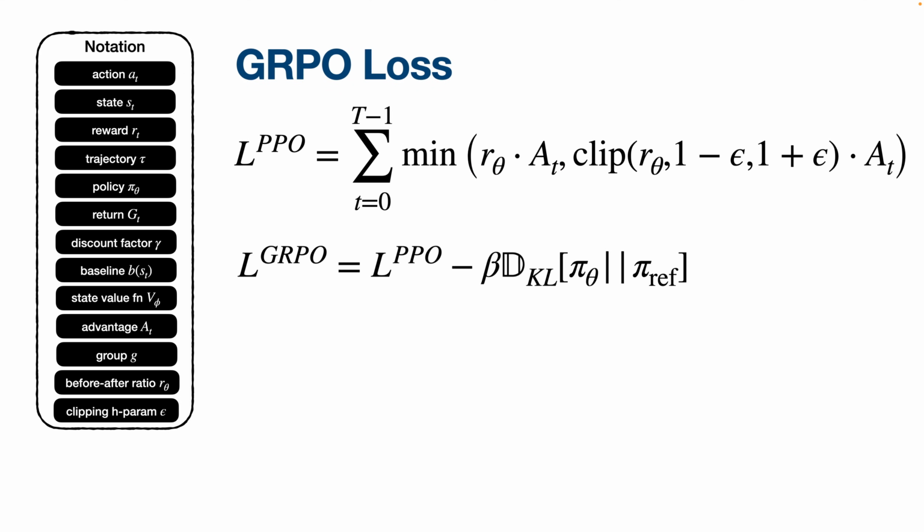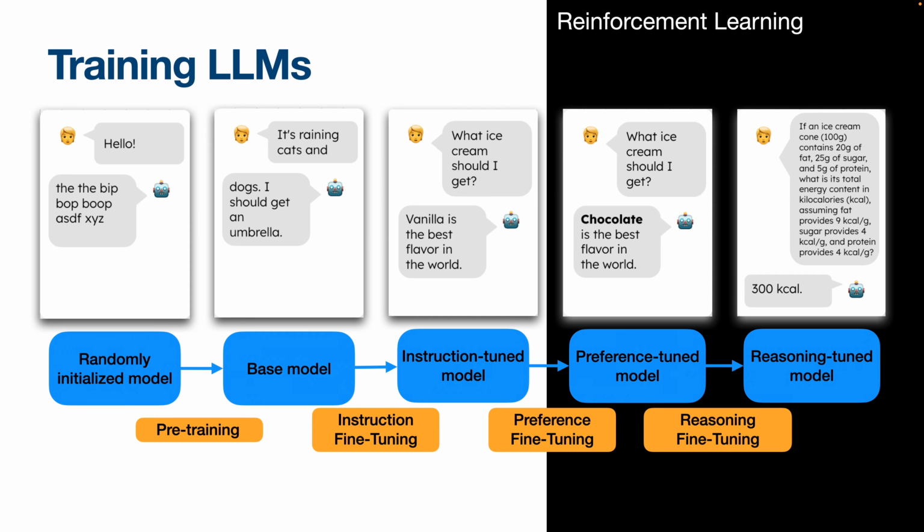The reason why we spend so much time talking about the PPO loss is because the GRPO loss uses it directly and simply subtracts an extra term. This term references two policies, the one that we're currently optimizing, pi theta, and the reference policy. The reference policy is different from the denominator of the PPO ratio, where we had pi old. In contrast, pi ref refers to the state of the model before we started the reasoning fine-tuning stage altogether. So for our original pipeline, that would be our preference fine-tuned model.